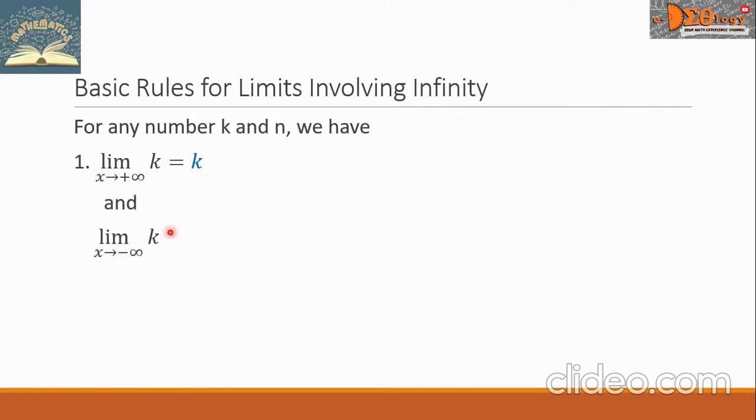And the limit of k as x approaches negative infinity is equal to k. Then we say that the limit of k as x approaches infinity, this is now a two-sided limit, equals k.